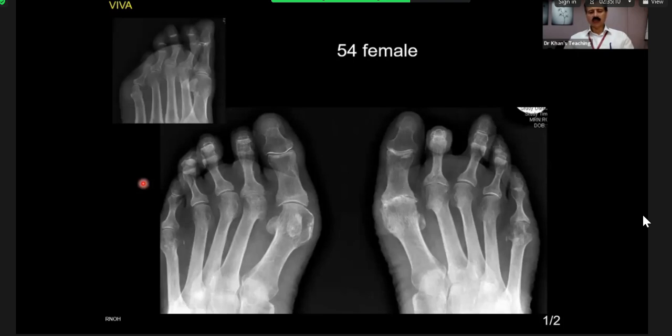Gout should be kept in mind. Gout is not bilateral symmetrical. And the second point which was made was about the sclerotic margin of the erosion, which is quite pathognomonic for the erosion of gout, and we will see it shortly.